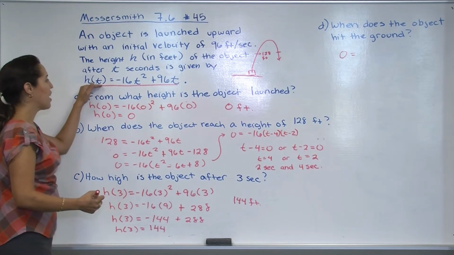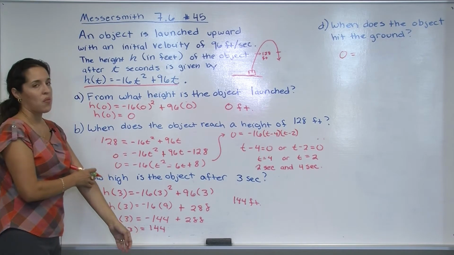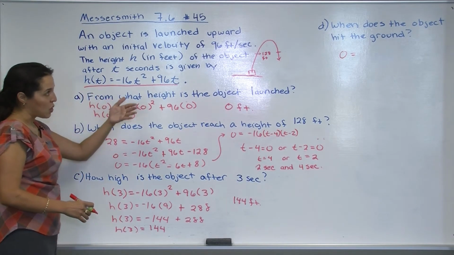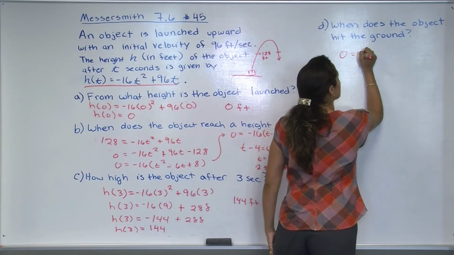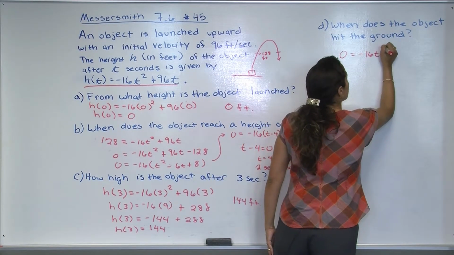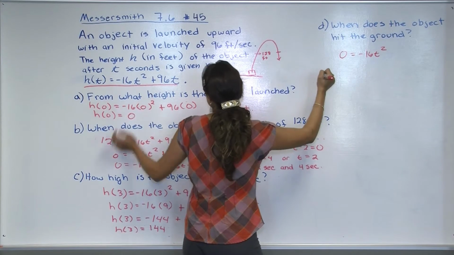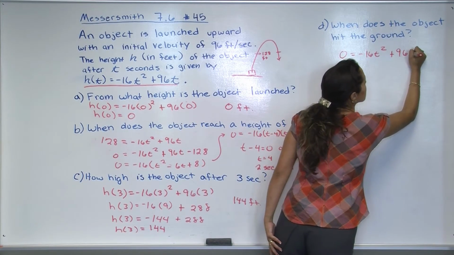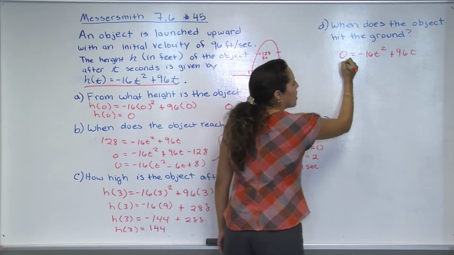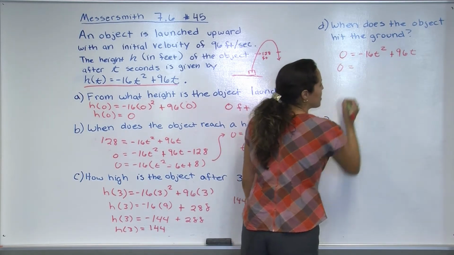Now we have to solve, when h of t equals 0, what is our time? So this equals negative 16t squared plus 96t. And we just simply solve this here.